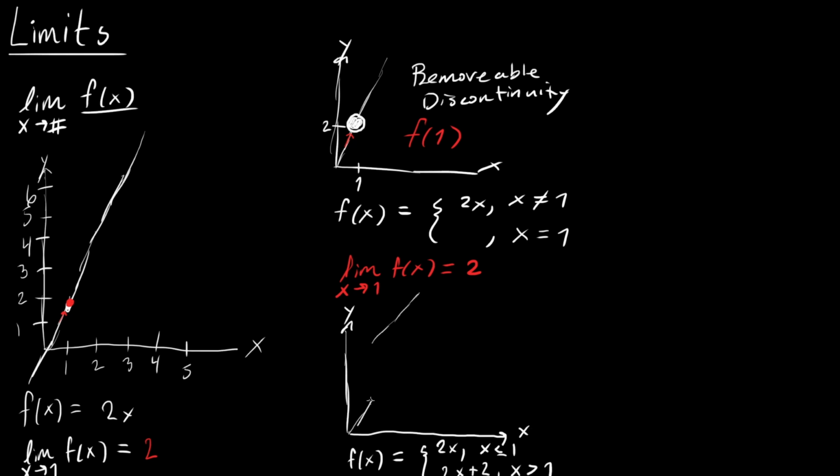So this means that it's the same function as before for 1 or less. As x is 1 or less, it's the same function that we had before in these last two examples. But now, whenever x is greater than 1, it's the same function, but shifted up 2.